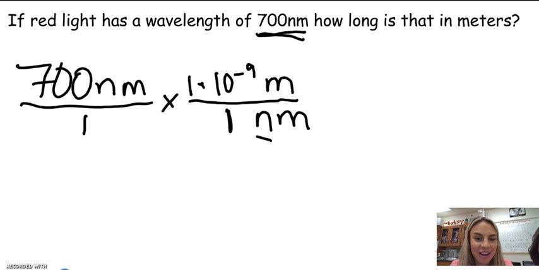Now we need to figure out how we can put this calculation into our calculator. So first I want you to type 700 in your calculator, and then hit the times button. And then to put in this scientific notation, there's a very handy button on your calculator. It's down at the bottom and it's by the letter A. It is a double E button.